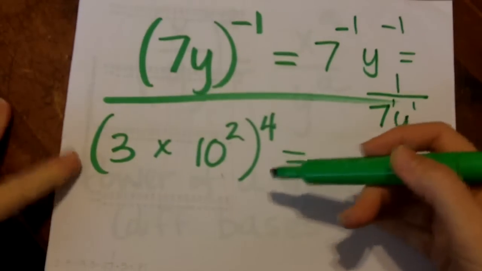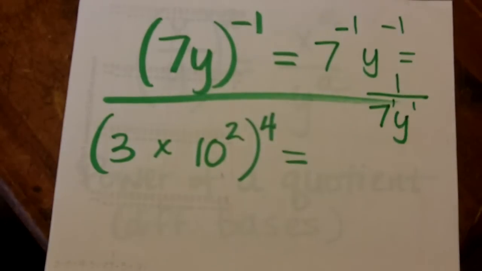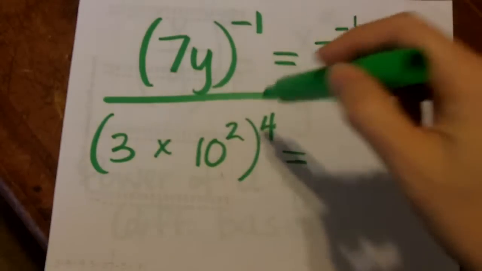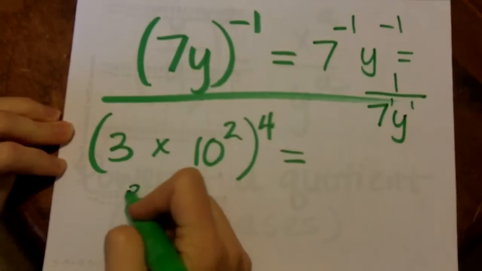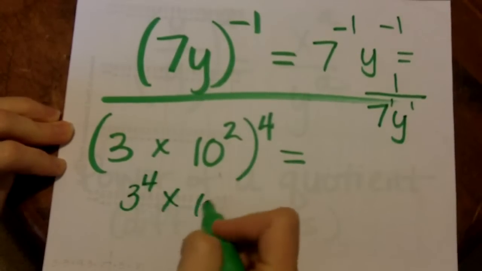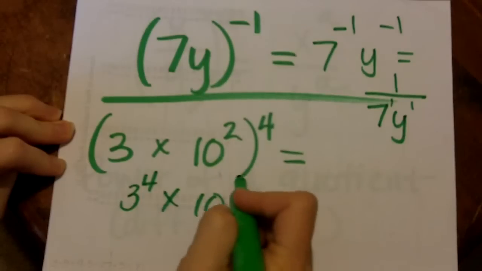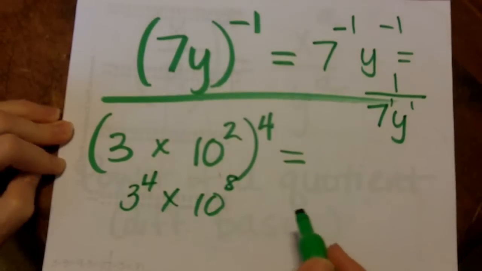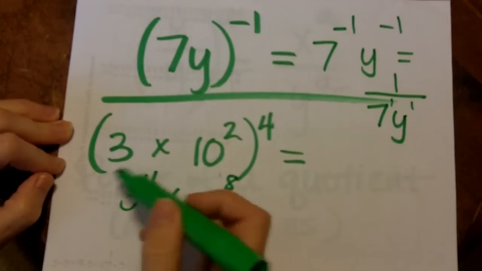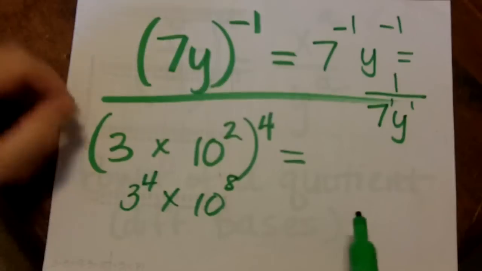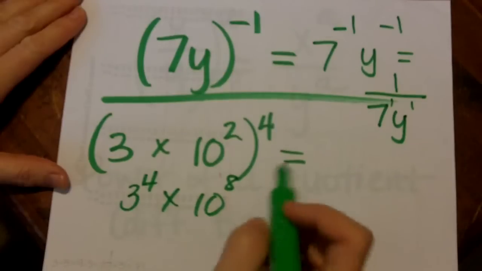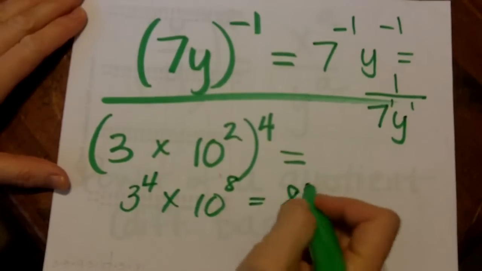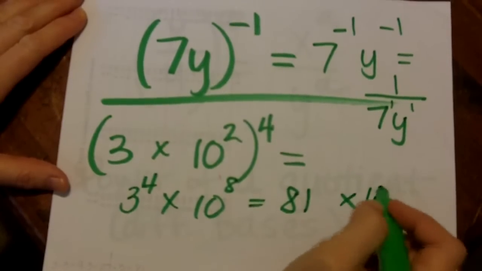Now, if you have a scientific notation raised to a power, that means that that 4 also applies to the 3. So it's really 3 to the 4th times 10 to the 2 times 4, or the 8th. Okay, now of course you can't just leave it in this form because it's not proper scientific notation. You'd have to say 3 to the 4th, which equals, by the way, 81, okay, times 10 to the 8th.